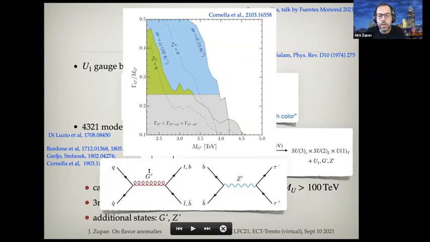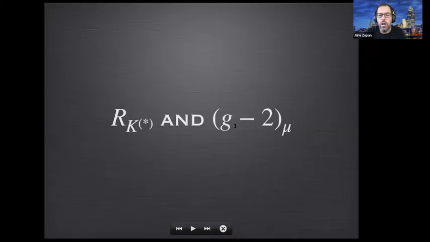For instance, not surprisingly, the most severe bound comes from the bounds on the colorons. That's what the present searches exclude. That's the decay width of the coloron over the mass versus the mass. So these regions are excluded.